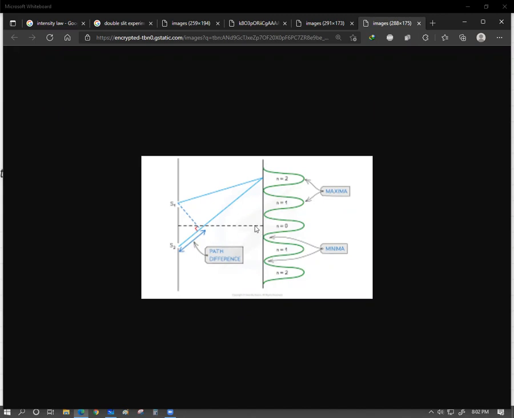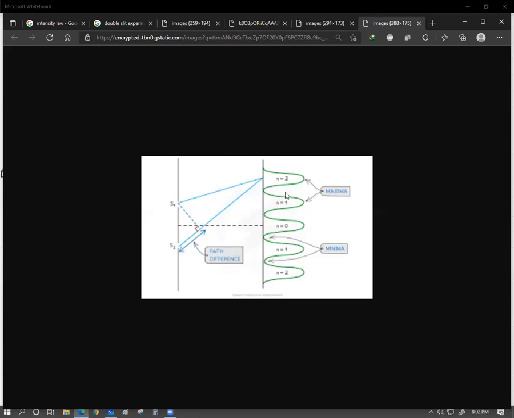If I plot the intensity value of all the different points along the screen, at the central maxima you have the highest intensity, and then you slowly lose intensity and have zero intensity at the dark spots, and then you increase it once again and have a large intensity at the next maxima, and then zero. Pretty much all the maxima points would have the same intensity. If attenuation was not a factor, this is the type of graph we should be expecting. This is what we call the intensity graph with respect to the distance on the screen.